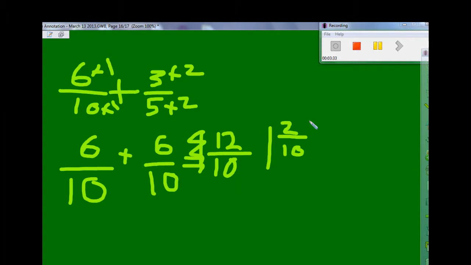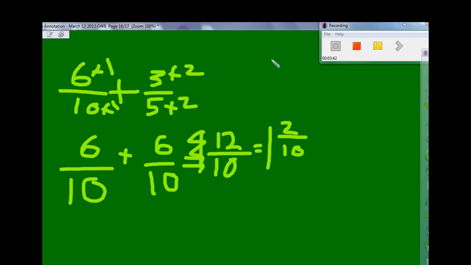That will normally be your final answer, but to reduce it more, and reduce means to get it to the smallest terms, like 4, you could reduce it to 2, and then you can reduce 2 to 1, because that's the smallest it can go. So you want to ask yourself, what do 2 and 10 have in common?